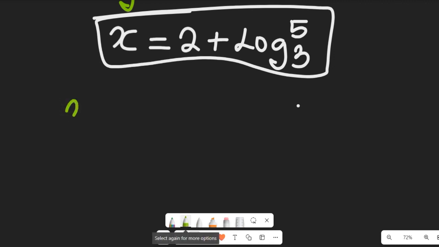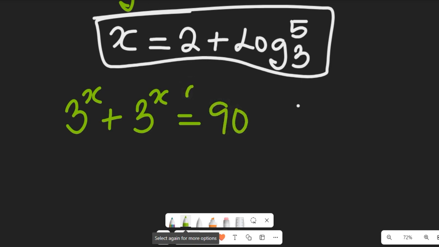Now recall, we are given 3 to the power of x plus 3 to the power of x. Is this solution going to give us 90 if we apply the value of our x to be this? Let's find out.